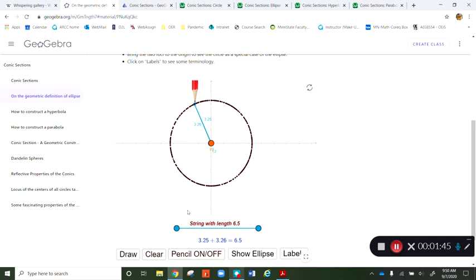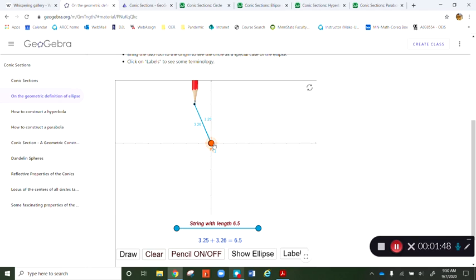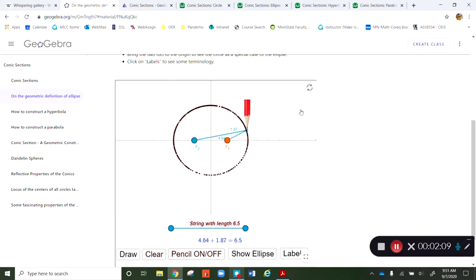If, though, instead of having one central point, you connect your string to 2 points like this and have a string of a fixed length, and then you stick your pencil in that string and let the pencil slide back and forth along the string, but keeping that length fixed, if you trace that pencil like a compass all the way around those 2 points, then you get an ellipse.